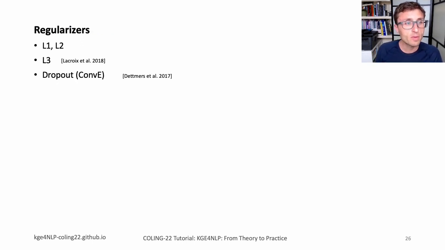It's worth mentioning that these architectures benefit from regularization, just like traditional conventional artificial neural networks. You can apply L1 or L2 regularizers, or you can adopt the L3 regularizer proposed by Lacroix and others in 2018 in the ComplEx-N3 paper. Some architectures have adopted dropout, like convolutional embeddings.